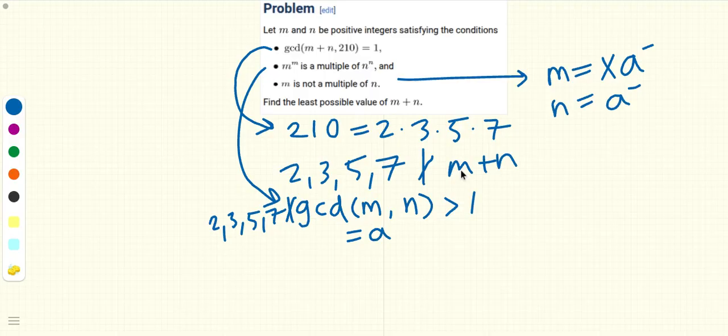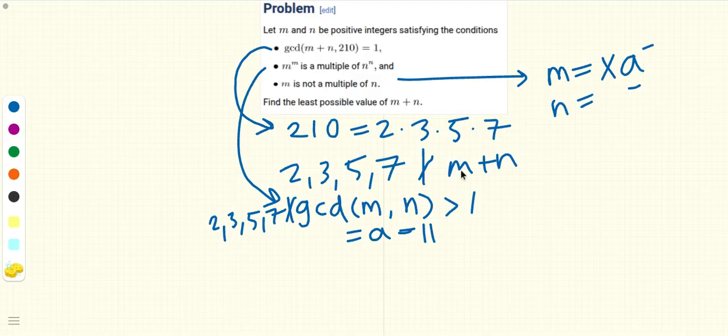Now, since we want to minimize m plus n, we want our GCD to be the minimum possible value. And because we can't have any of these prime numbers, the next prime number that comes after that is 11. So I'm going to start by saying that a is 11.